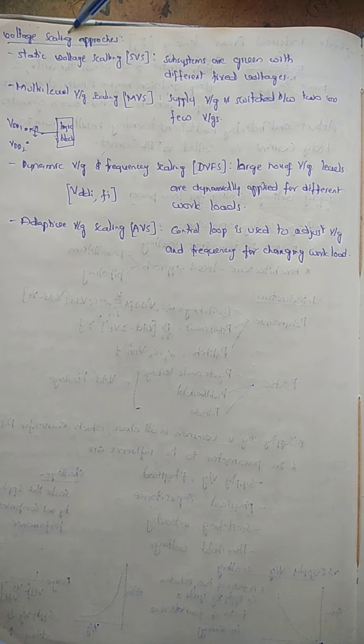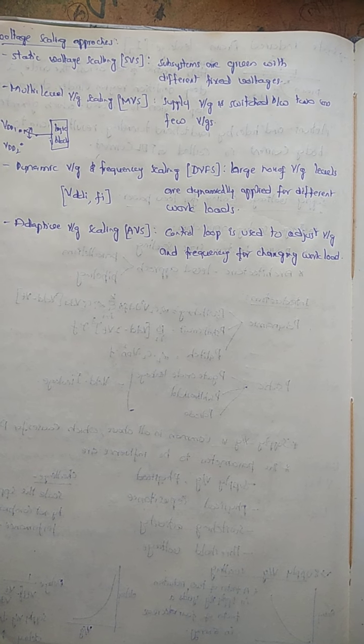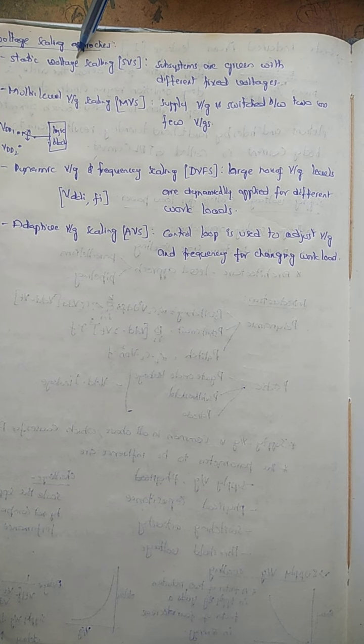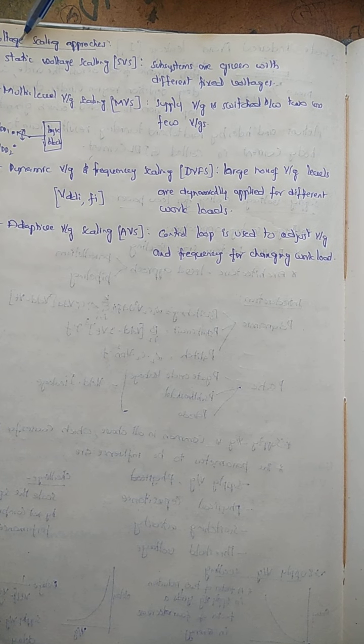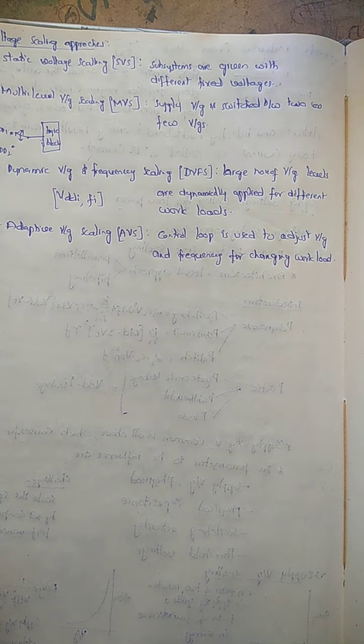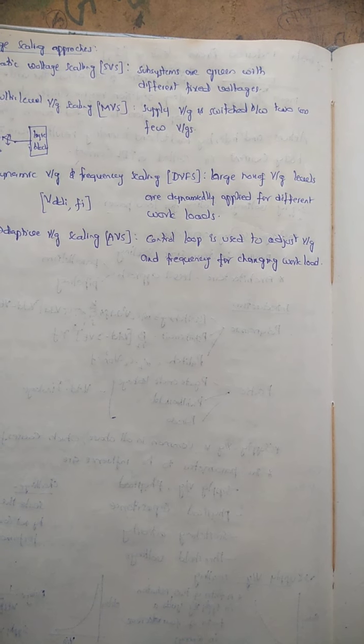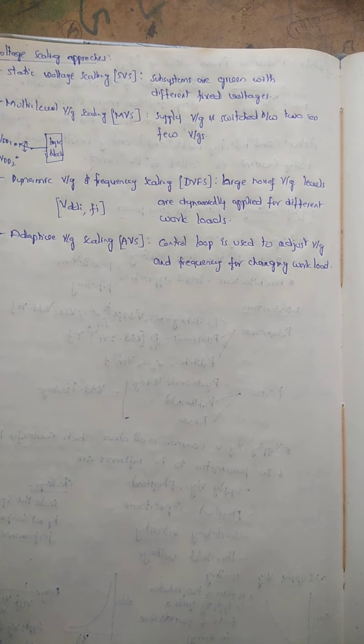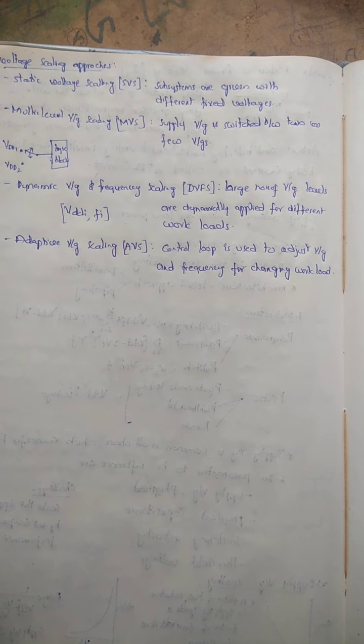Here we will see what the voltage scaling approaches are. The first one is static voltage scaling. In static voltage scaling, when we are using a system, the voltage decided at design time will be maintained. We can't change the voltage at runtime, which means it is not changed when the circuit is in operation mode.